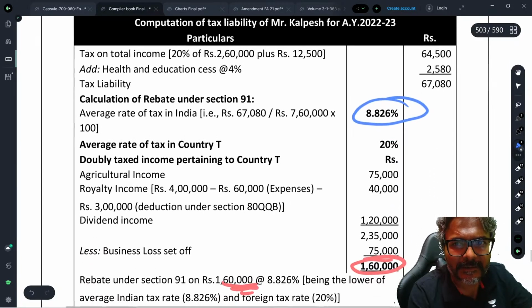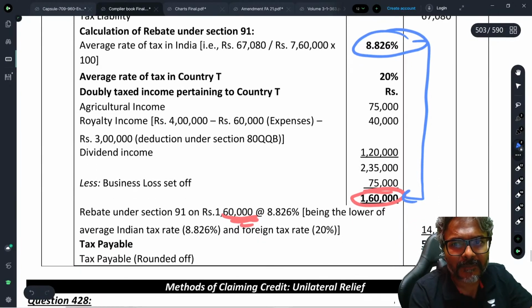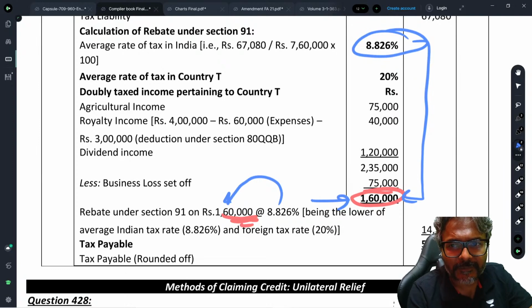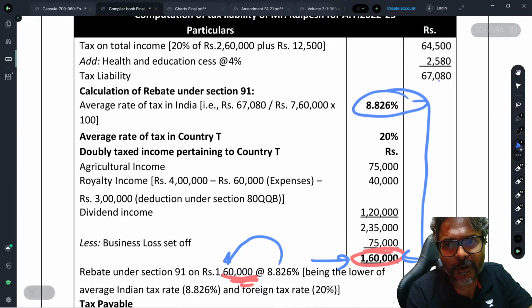So obviously the Indian rate is much lower. So 8.826% will be applied on that foreign income which is subject to double taxation in both the countries. So the relief would be 8.826% on that 1,60,000, and finally the amount of relief is 14,122, which will be given from the tax liability.